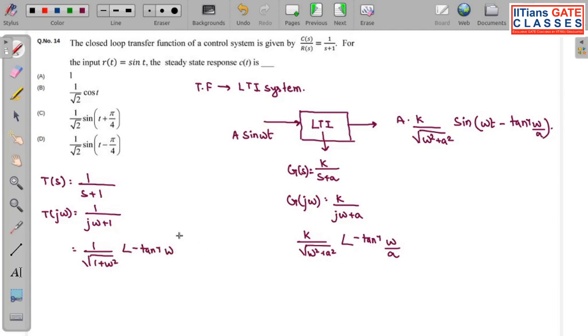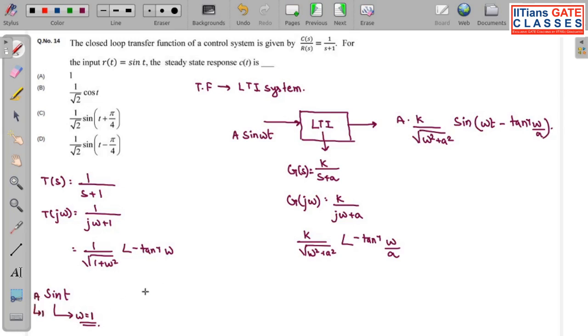Okay, now what is the input here? It is sin t. Previously my input in this system was sin omega t, so here for this input, omega is equal to 1. Now tell me what the output should be. Your omega is 1 here, and A is also equal to 1.